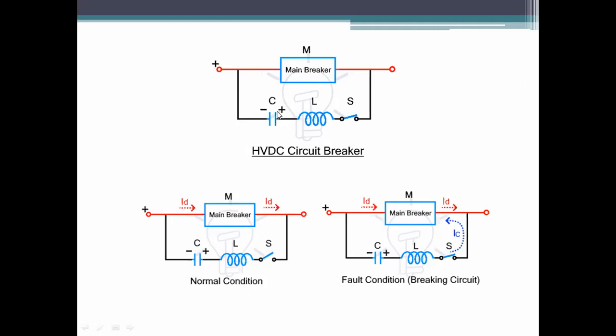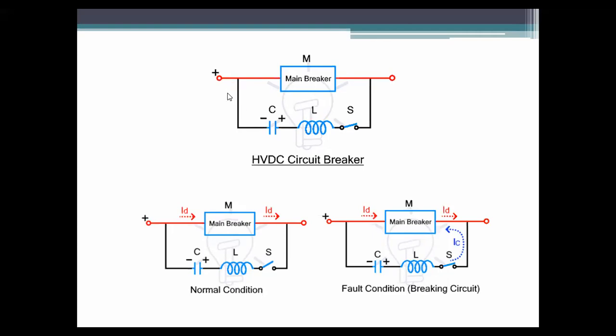Then one capacitor and one inductor are connected in parallel with this circuit, and one switch is there. This is nothing but the HVDC circuit breaker. With the main circuit breaker we are connecting one capacitor, one inductor, that is an LC circuit, and one switch.